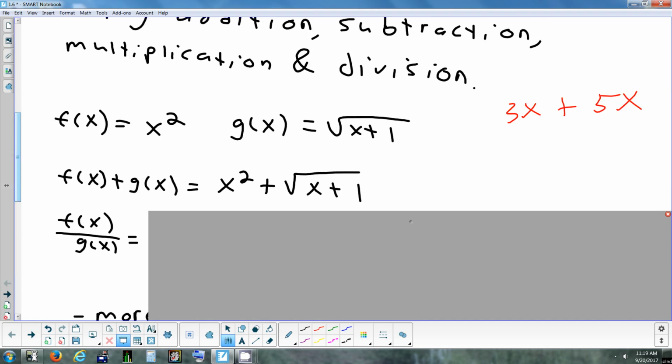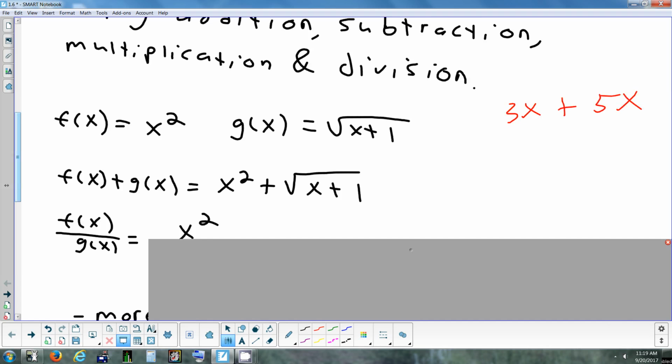How about if I divided them? Colin, what would it look like if I took f of x and divided it by g of x? Exactly how you have it. Yeah, so can you tell me what I would write right there? Just being x squared, yeah.